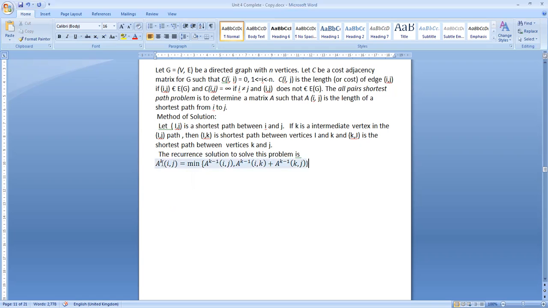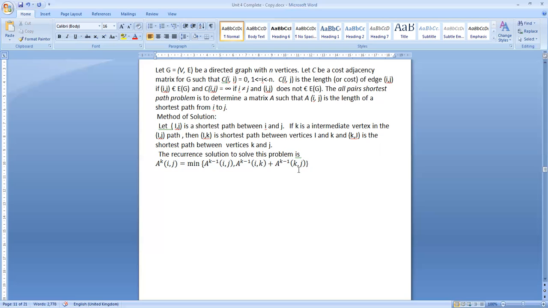When k takes the value 1, that is A of i comma j, we find the minimum of A_0 of i comma j, and A_0 of i comma k plus A_0 of k comma j. That is the one we are finding. So the next shortest path is found from the previous stage.